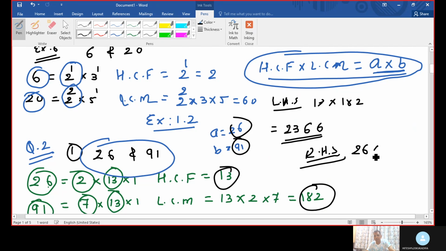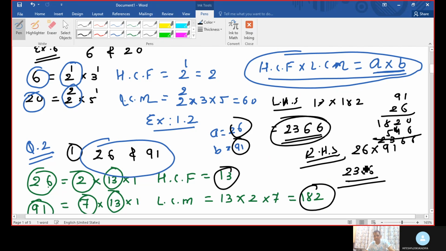Multiply these two numbers. 26 into 91. Check your multiplication. 91 into 26. 2 ones are 2, 2 nines are 18. 6 ones are 6, 6 nines are 54. Sum of these: 6, 4 plus 2 is 6, 5 plus 8 is 13, 1 carry on, 2. Our answer is 2366. Look here, LHS and RHS are equal. Is that clear? Okay. Have we understood all the sums?